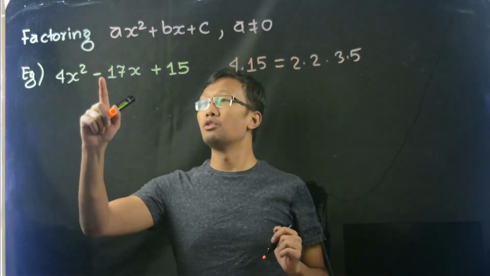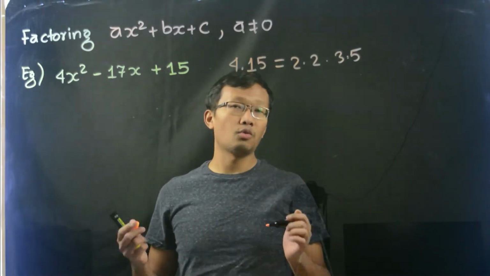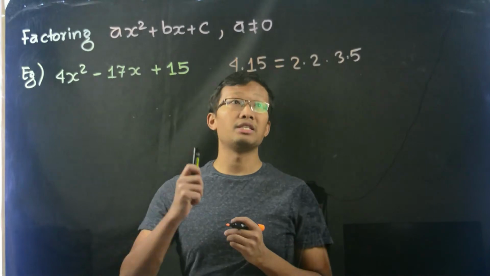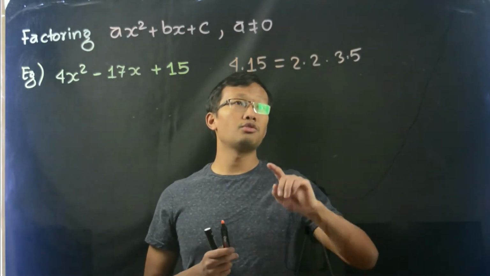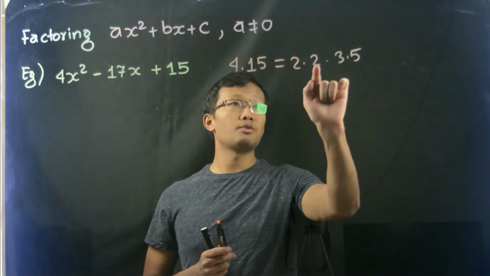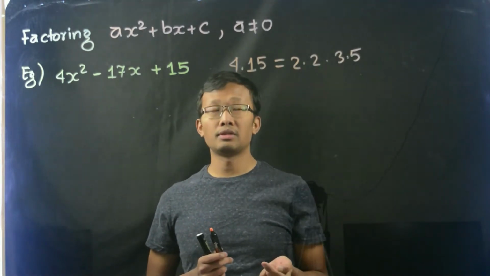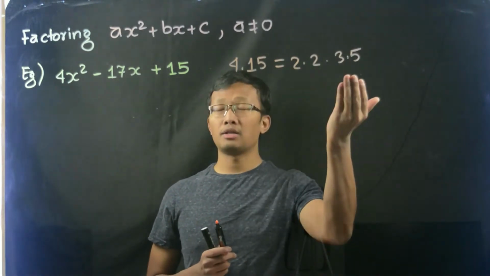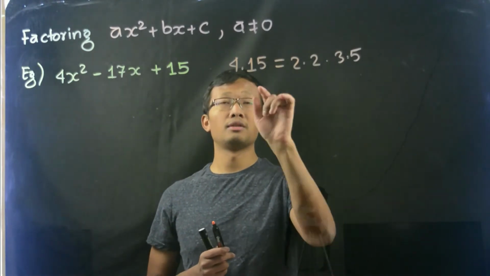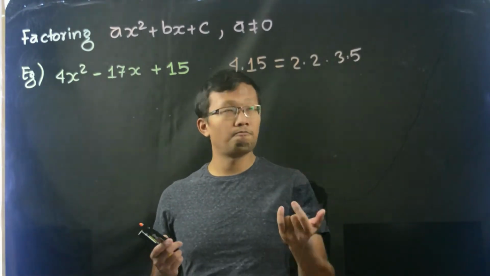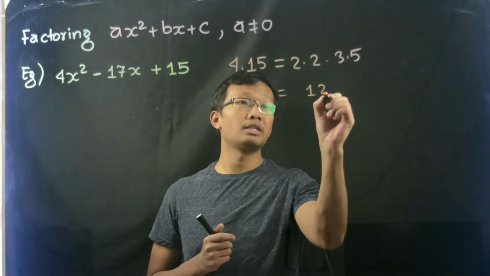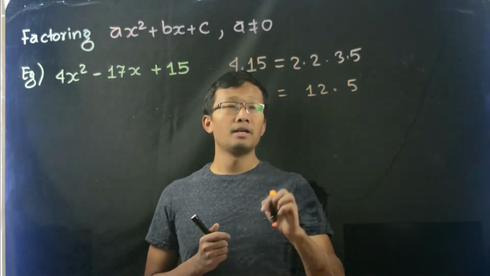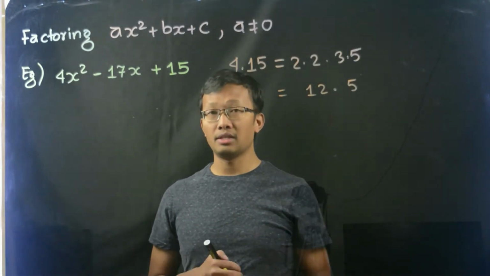Let's ignore this negative for a while. So what would be a good choice? This would be 2 times 2 times 3, that's 12, times 5. 12 times 5 is of course 4 times 15. So I will go for 12 times 5. 12 plus 5 is 17.